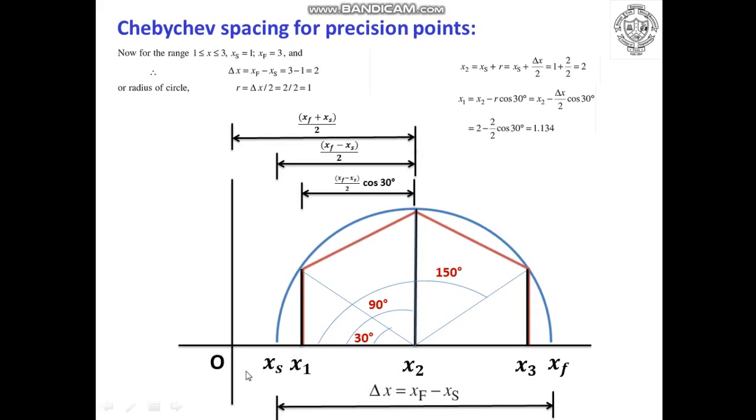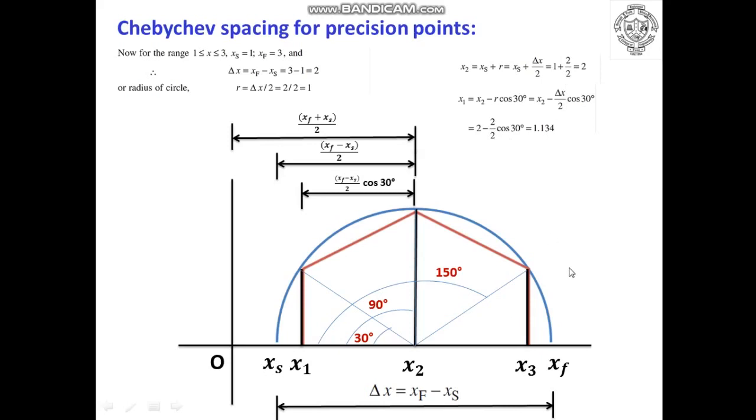So if you want to find the distance from point O to x1, you need to take the subtraction of O to x2 minus the distance between x1 and x2, which is nothing but r cos 30, so that you will get this particular distance. We know the value of x2, so we put it here as 2 minus del x divided by 2, that is 2 by 2 into cos 30, which is equal to 1.134.